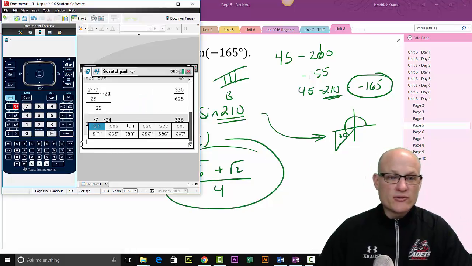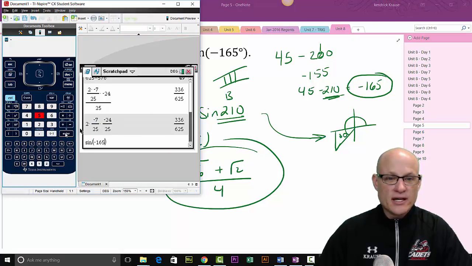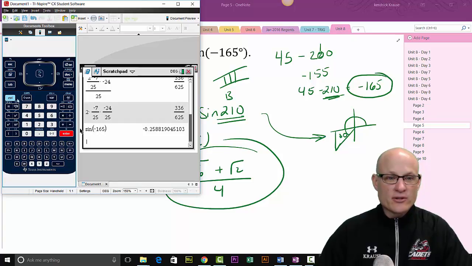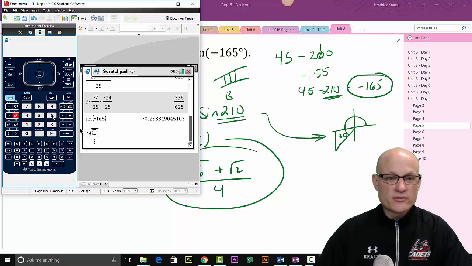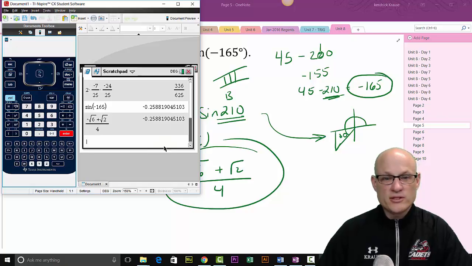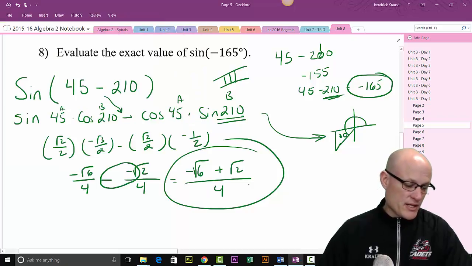Come over here and do sine of negative 165, enter. And then I'm going to do negative square root of 6 plus the square root of 2 all over 4, equals. See how the answers came out to be the same? So I was right.